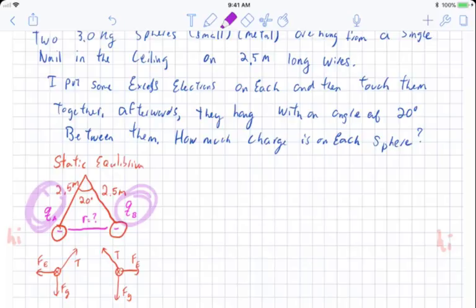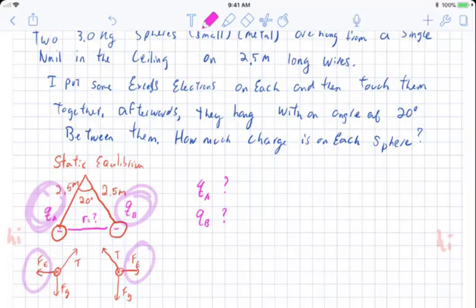Are they different amounts of charge? We talked about in class, even if they are different amounts of charge, the forces that the two spheres will feel are going to be the same because they're equal and opposite. So what's the relationship between the amounts of charge on there?